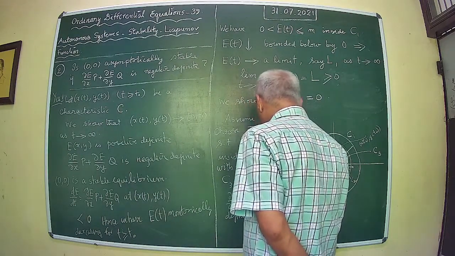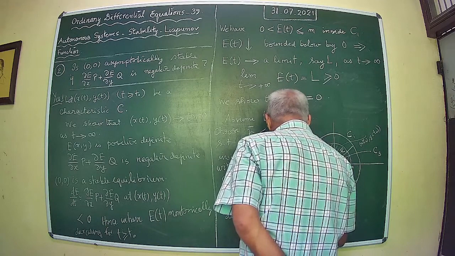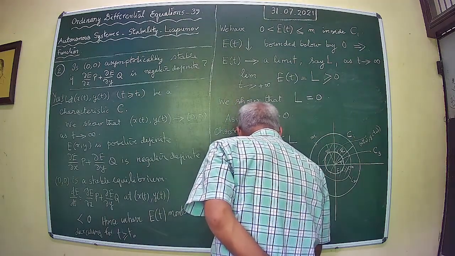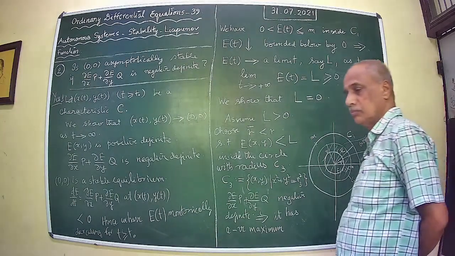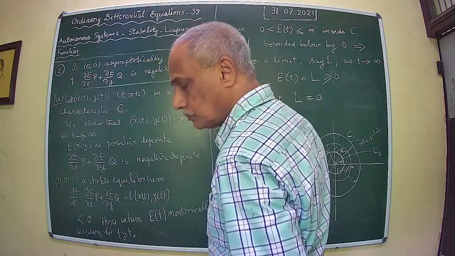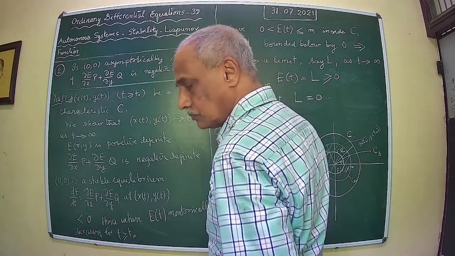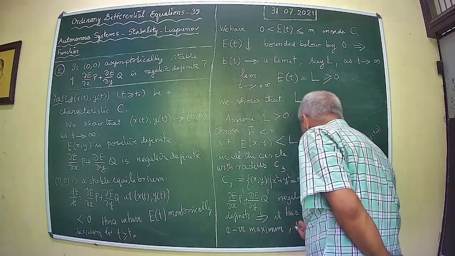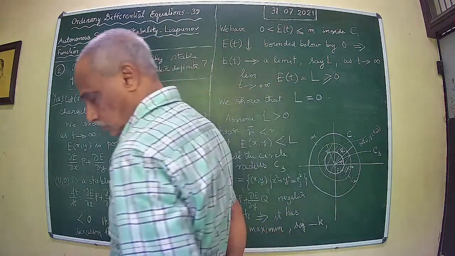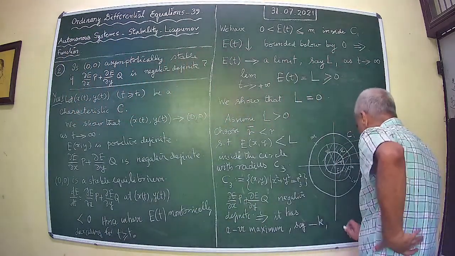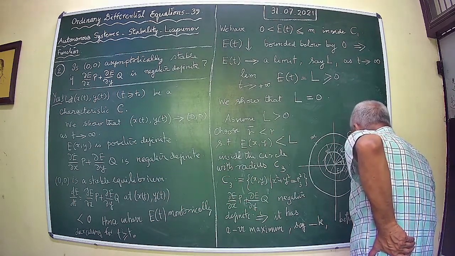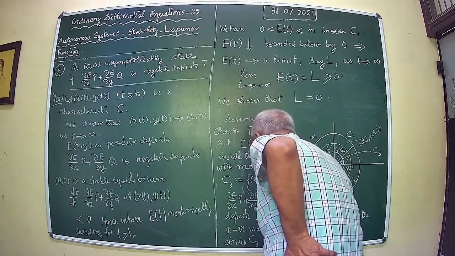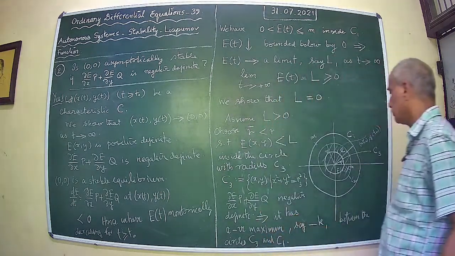Therefore, it has a negative maximum, say minus k, between the circles C3 and C1.